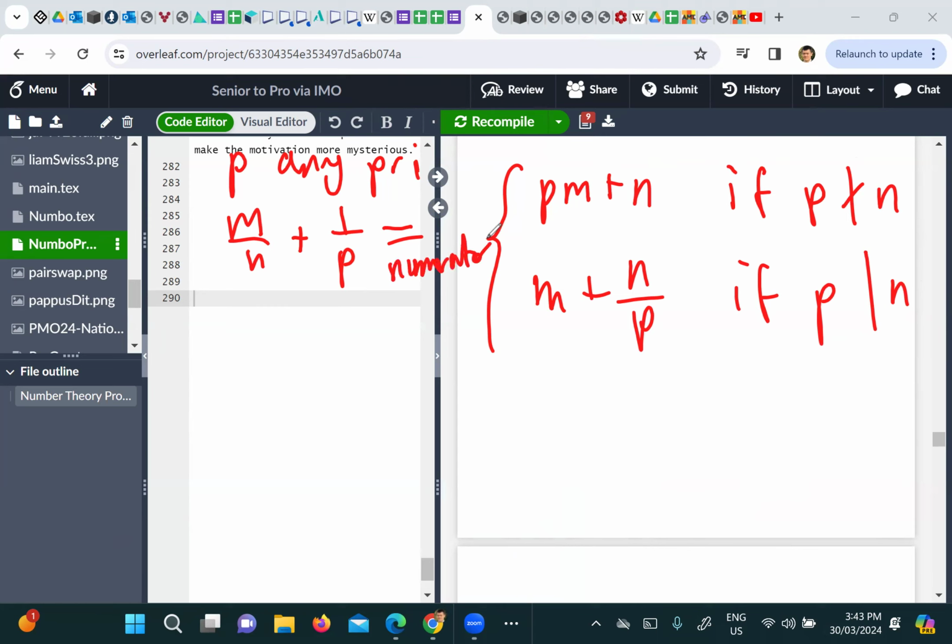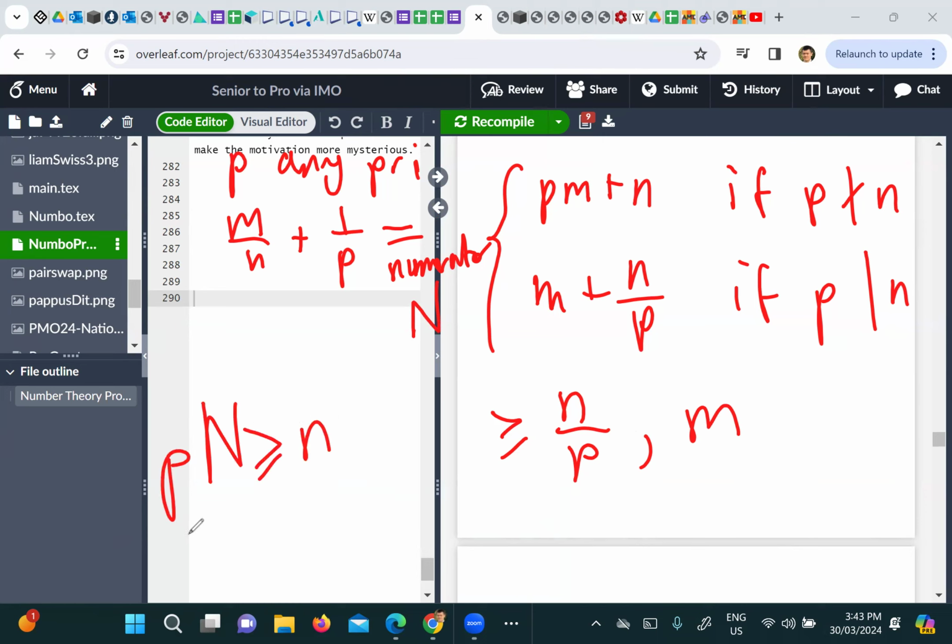But whatever this is, okay, so this is like the numerator. Whatever this is, it's at least n over p, yeah? And it's at least m, right? So let's call the numerator N, okay? So if I times N by p, yeah, then pN is greater than or equal to n, and pN is greater than or equal to m, right?